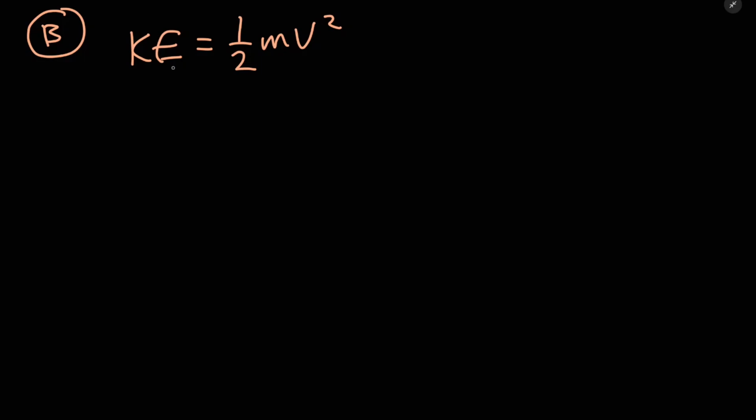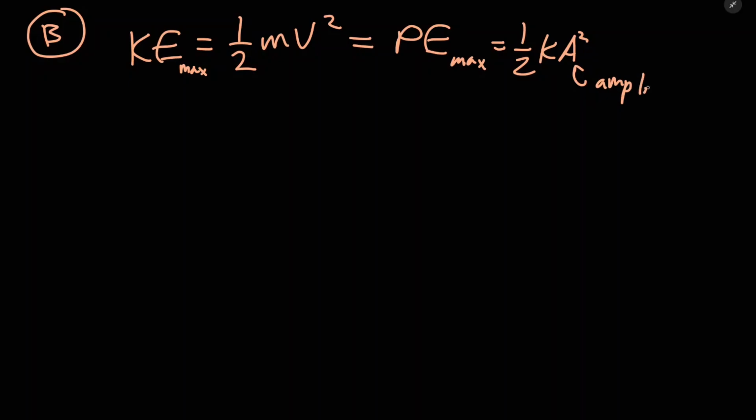But notice that KE maximum, so if we have all kinetic energy, this is going to be equal to potential energy maximum, which is given by 1/2 kA squared, where A is equal to the amplitude, which is equal to x max, which was given as equal to 0.4.